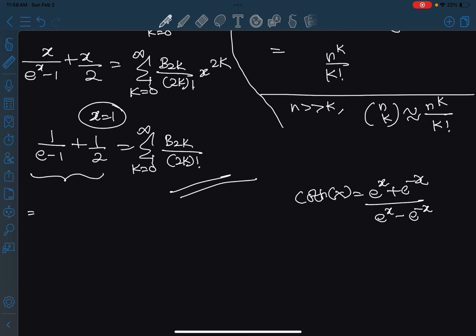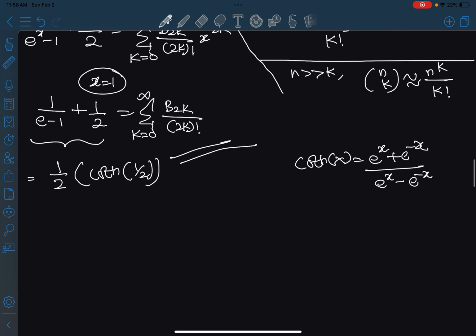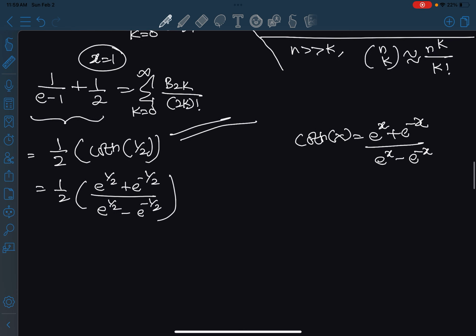Okay, so this is basically equal to half of cotangent of half, right? Now we know that this can be written as (e to the power half plus e to the power minus half) by (e to the power half minus e to the power minus half). Now this can again be written as (e plus 1) by (e minus 1).